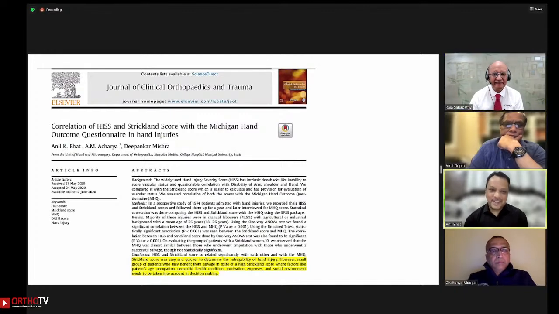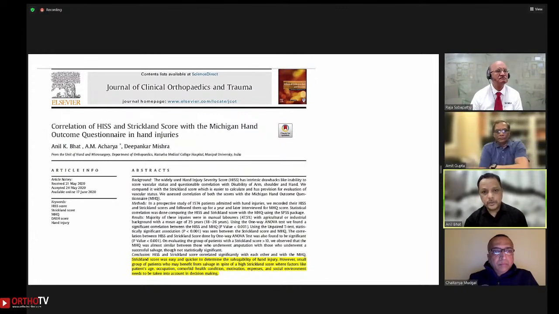Yes. So this was almost 1,500 patients, and what we found, especially for amputation patients, is that the Strickland scoring, which is probably almost forgotten, is a very beautiful scoring, one of the only scorings which talks about the vascularity also. There's a component for the artery.